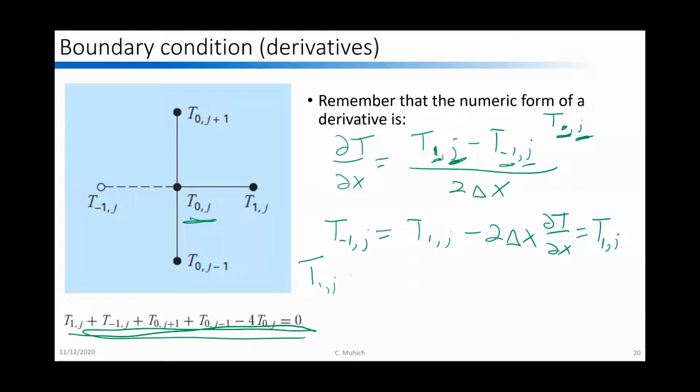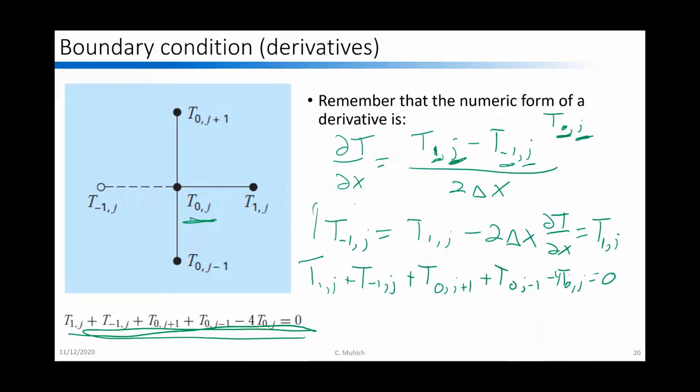t1 comma j plus ti minus 1 comma j plus t0 j plus 1 plus t0 j minus 1 minus 4 t0 comma j equals 0.